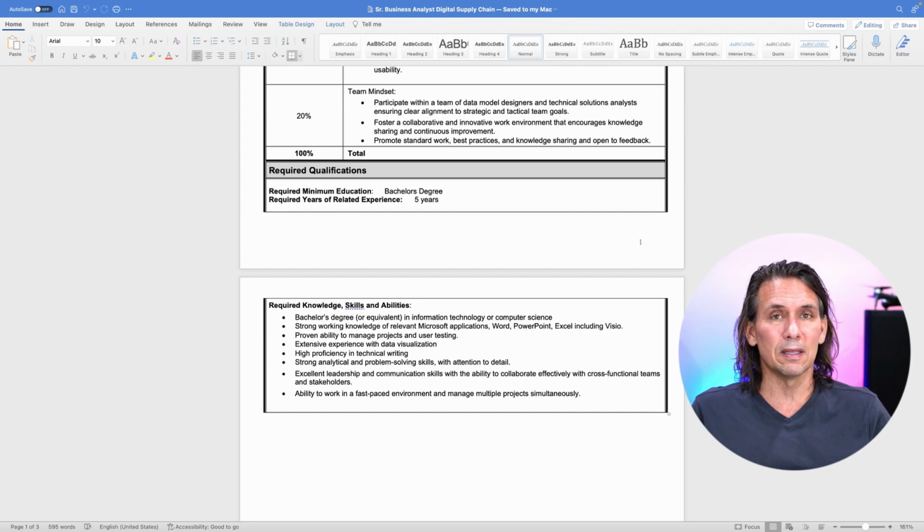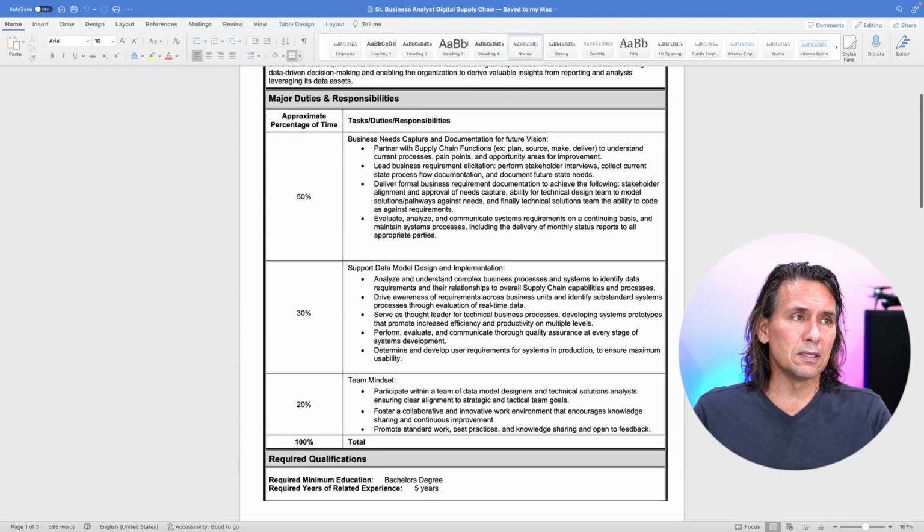They want somebody that can stand on their own two feet, that understands business, that understands systems and data, and then some of the other things, of course, some Microsoft experience, testing, data visualization, communication, leadership, and be able to, in essence, multitask. So there you go. That is the overview.